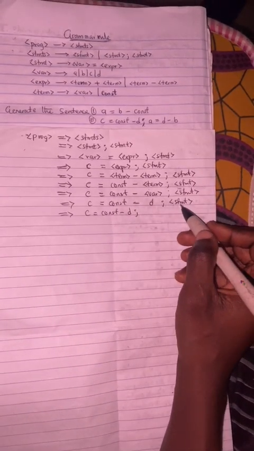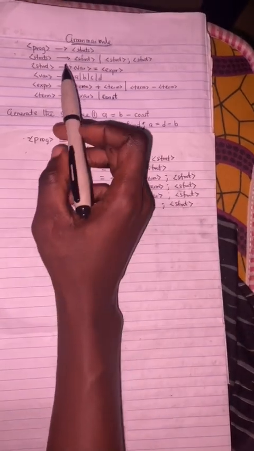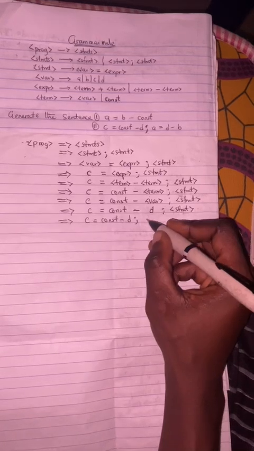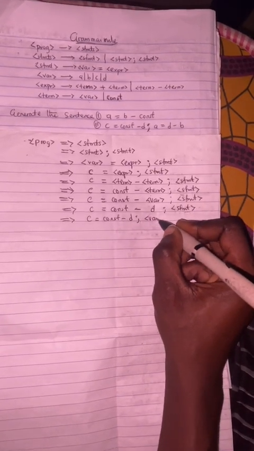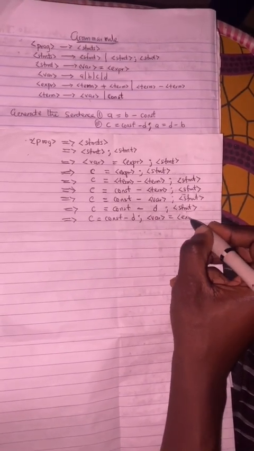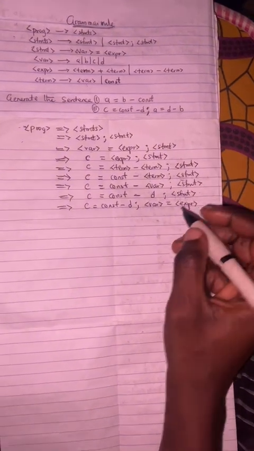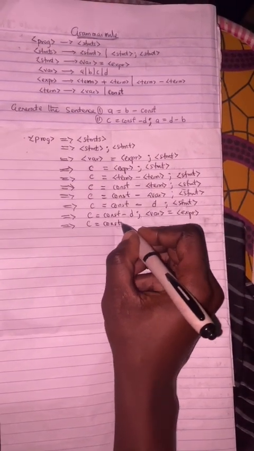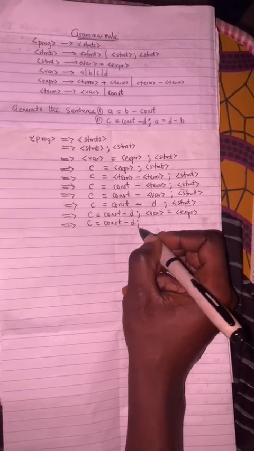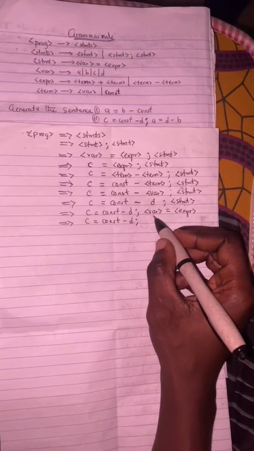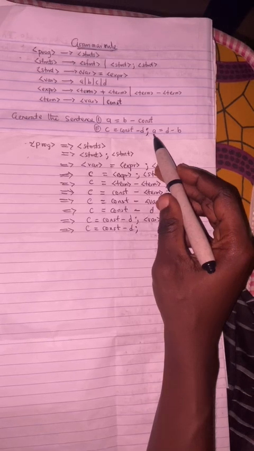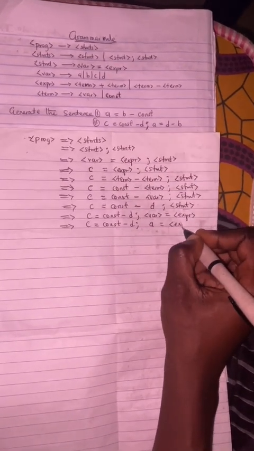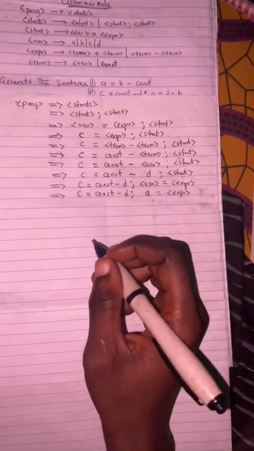Now we're trying to expand this statement part. If we are expanding this statement, we now have our var equals to expression, just as we started initially. So we are going to have var equal to expression, right? Then we'll move to the next line. This other part of the sentence is complete, so we don't need to touch it. So we are looking at how to expand var now. We are trying to get A. So var will automatically be A equal to expression, right?